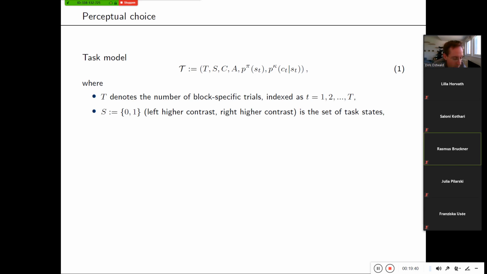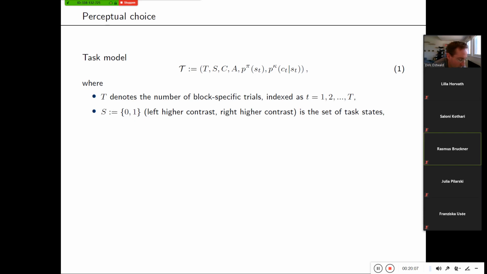And the true state of the world is defined in this case by us as experimenters, and then the experimental script presenting a higher contrast on the left than on the right if the state is 0, and a higher contrast on the right compared to the left if the state is 1. And these are just the 2 task states.